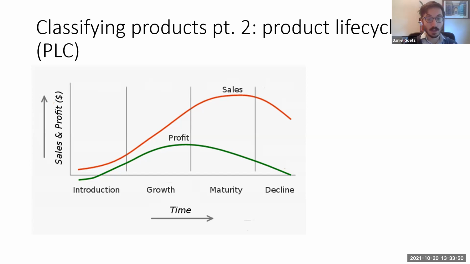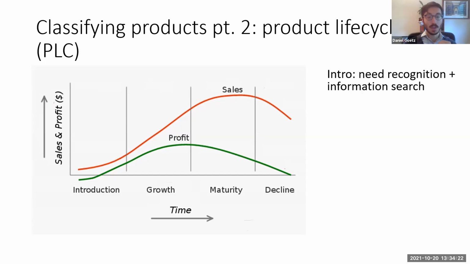So we have this simple graph here where time proceeds from left to right, and on the y-axis, we have sales and profit, right? Over time, from introduction, sales is quite low and profit will often be negative. There'll be a growth period and then a maturity period. Each of these time periods is depicted as being the same size. They're not. For many products, maturity lasts for decades and decades, right?